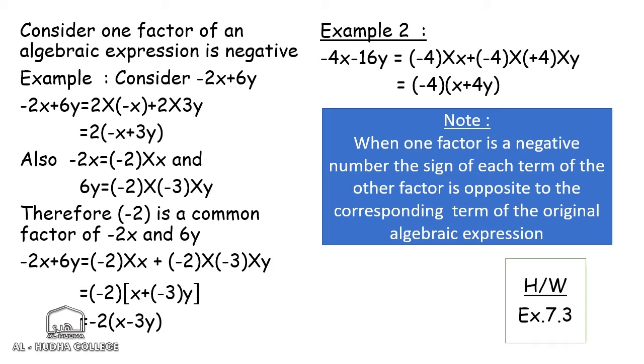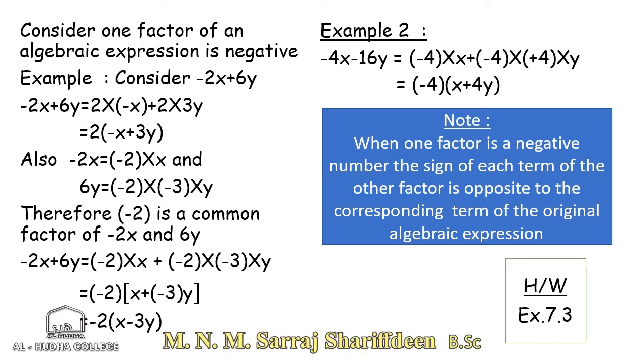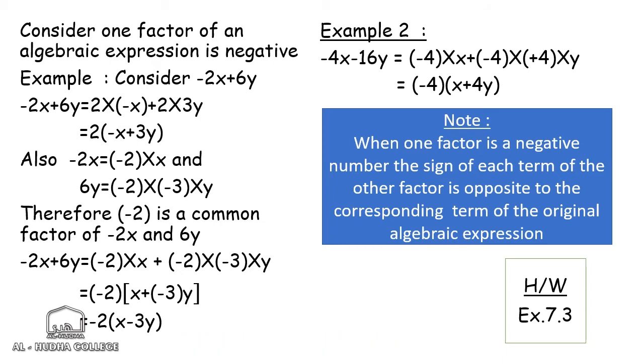Plus, we will just put a plus there, and minus 16 we separate as minus 4 into plus 4, since minus into plus is minus, giving minus 16, into y. If you multiply the whole, you get minus 16y. So you just put a plus in between, adding these two.